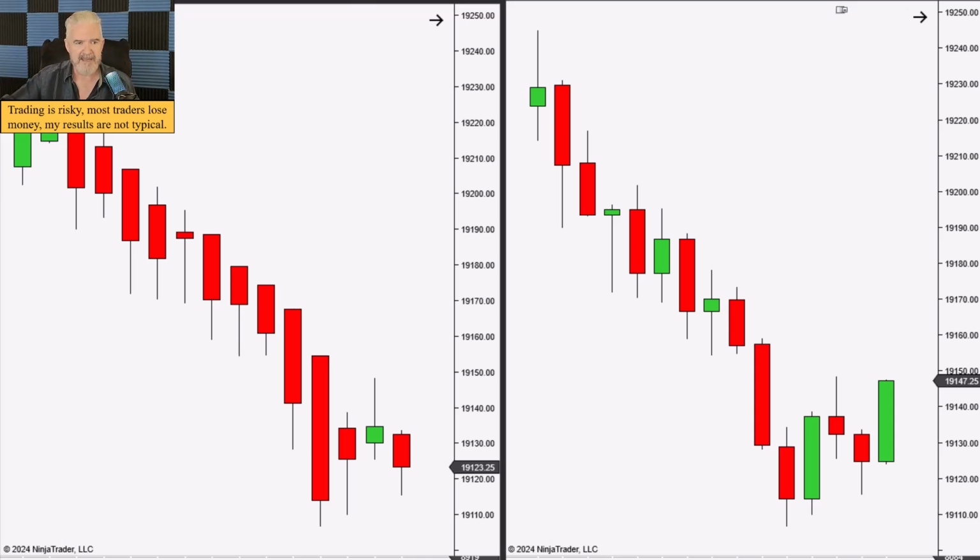Now, the advantage is here. On the left side, I've got our Heiken Ashi bars, and over here, it's just a regular 2-minute Japanese candlestick. As we go down, with the traditional Japanese candlestick bars, we get some green bars in here.